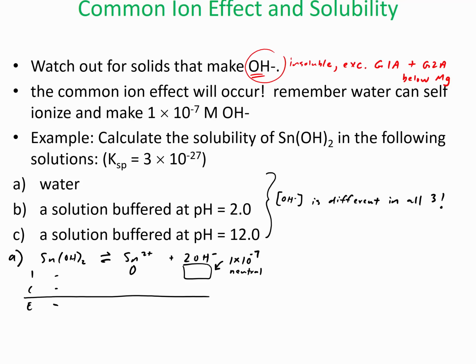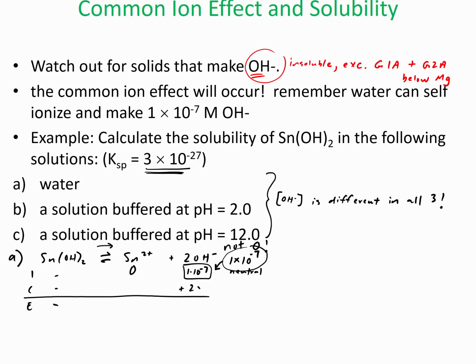These numbers are so small that nothing hardly goes over here. So it's actually going to play a role in the solubility, is the autoionization of water. So this is 1 times 10 to the negative 7th. So it's not 0 here.